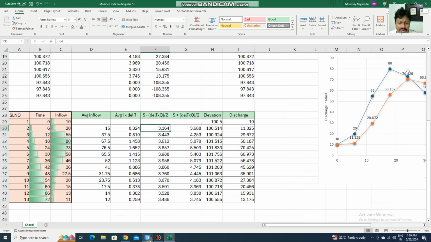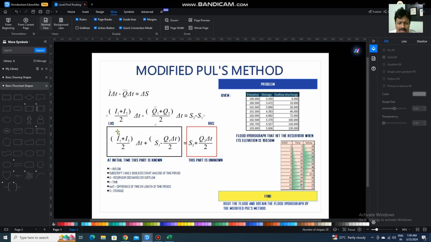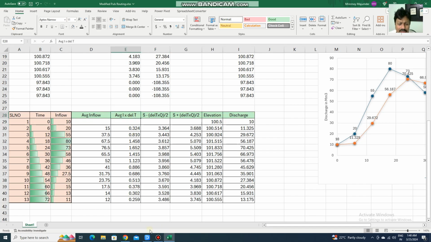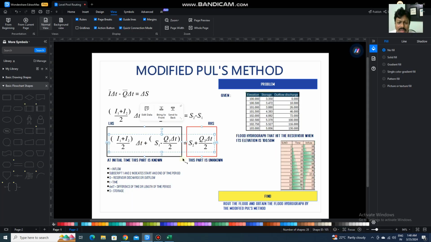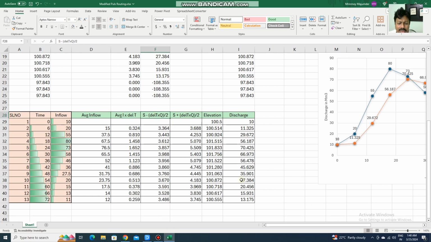Now rearrange the continuity equation, this entire equation, I1 plus I2 by 2 into del T, calculate it. And then this one, S1 minus Q1 del T by 2, calculate it. So add this plus this, find S plus del T Q by 2.